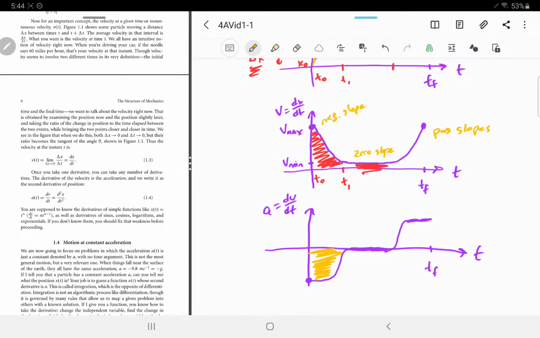And therefore, delta v is negative. The velocity right here minus the velocity right here is negative. So here, delta v is negative. And just to be clear, we have to be clear about the interval, remember? So v1 minus v0 is negative because the area here is negative.